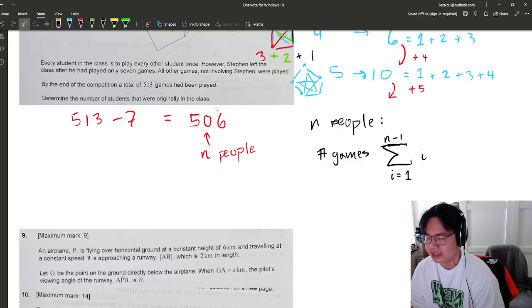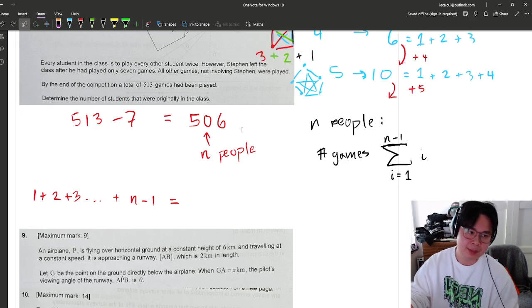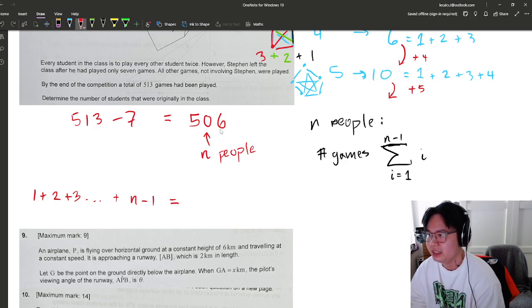So in other words, if we do 1 plus 2 plus 3 all the way to n minus 1, this should be, oops, not 506. This is with everyone playing each other twice, so we divide that by 2.